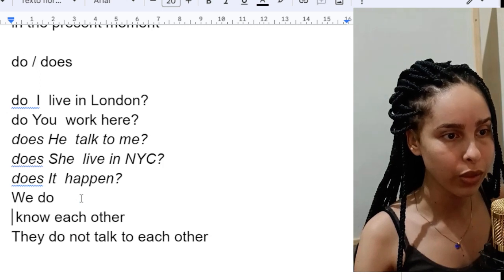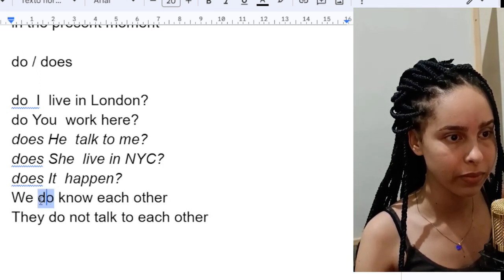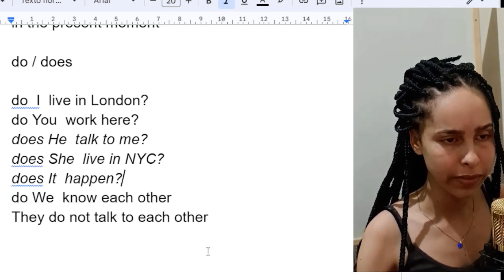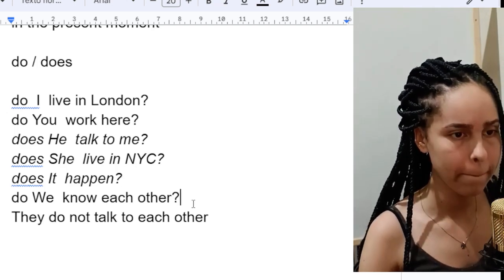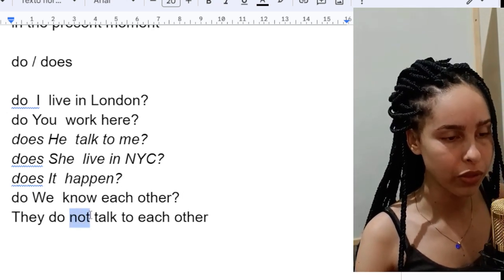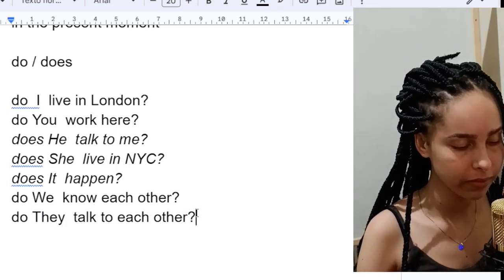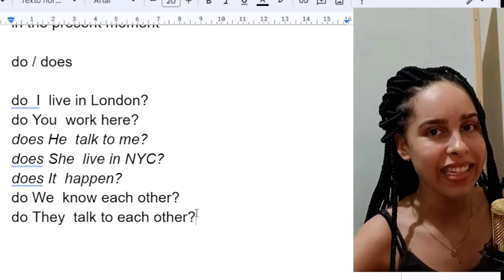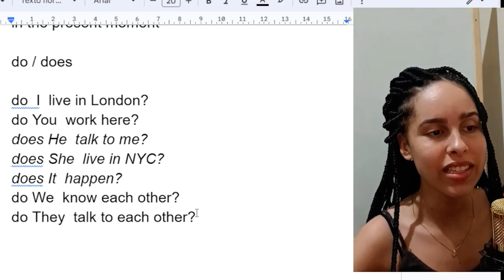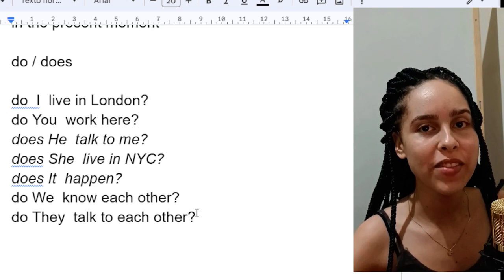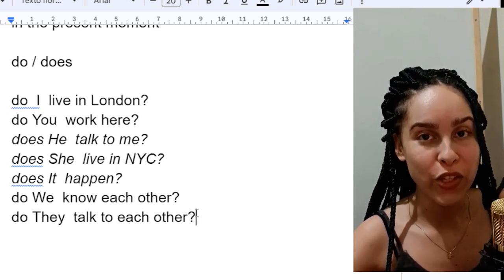We do know each other. Do we know each other? They do talk to each other. Do they talk to each other? See how easy it is to turn those affirmative sentences into questions.